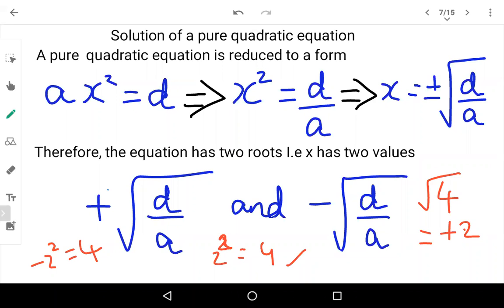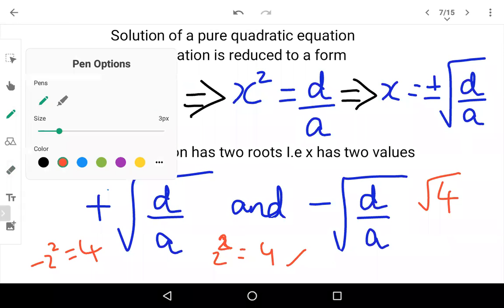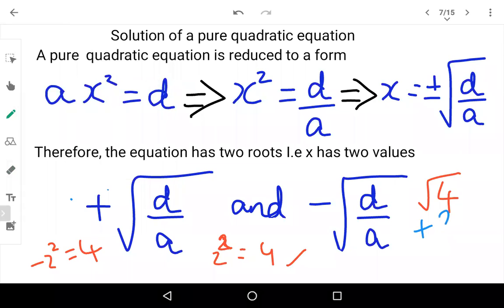But the same square root of 4 can be minus 2 also, because minus 2 into minus 2 is also 4. Correct? So that is why when you are finding values from a square root, you will always end up with two values. One is going to be plus 2. The other one is going to be minus 2.